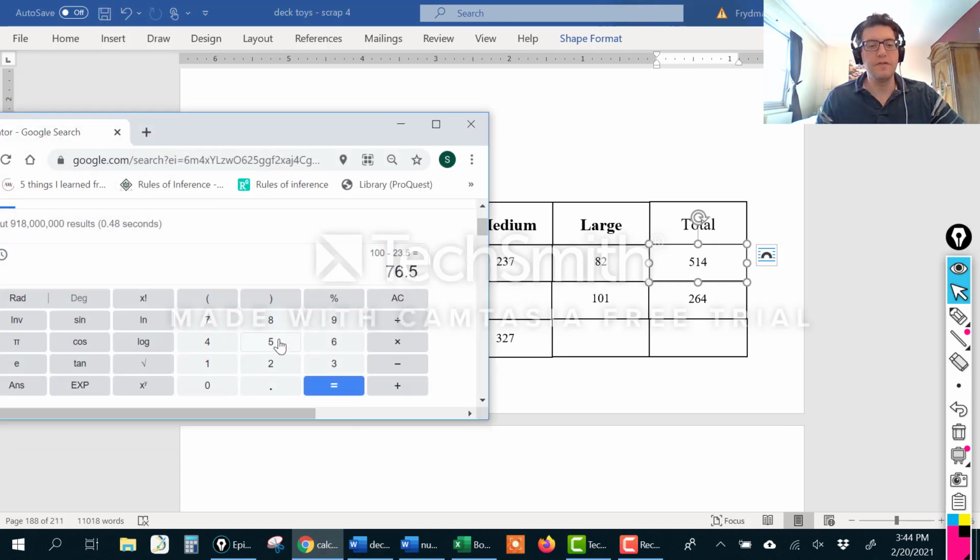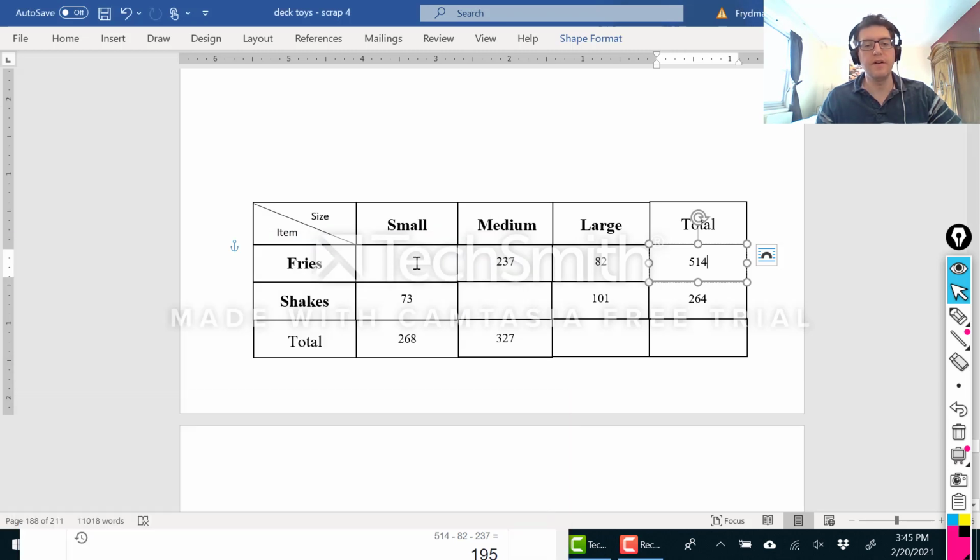So let's do that. 514 minus 82 minus 237 equals 195.